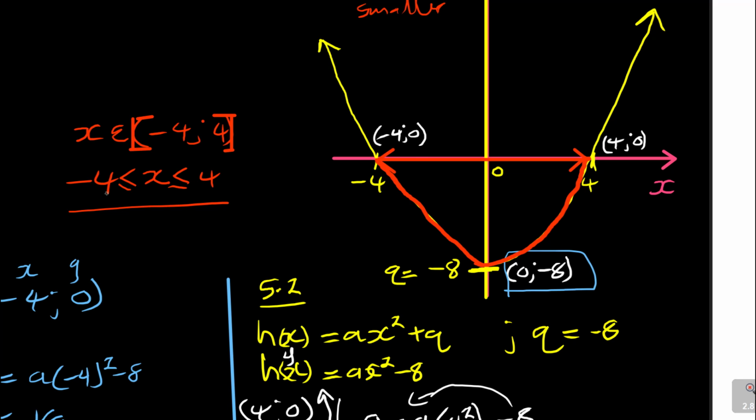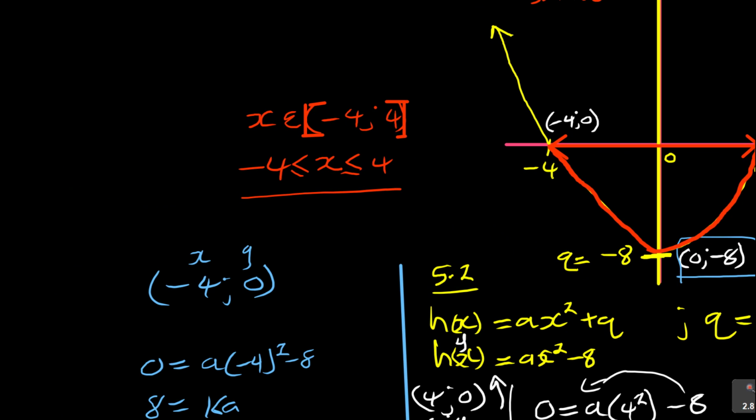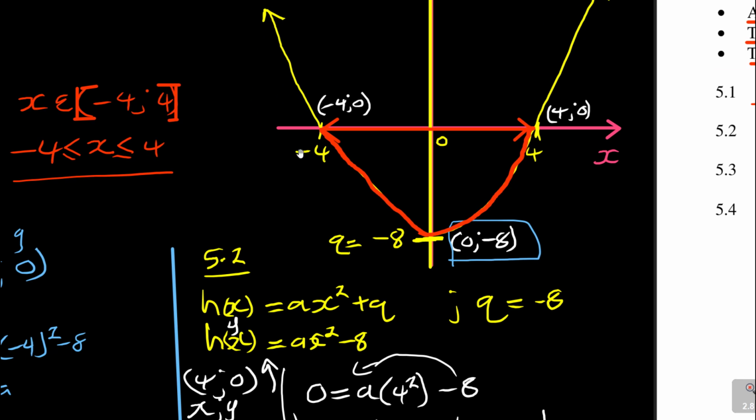Alright, for writing that point, and then that was 5.3 here. That is the best way when you're writing this, -4 to 4. To me, this is the better way. -4, because you're starting from negative, is less than or equal to.